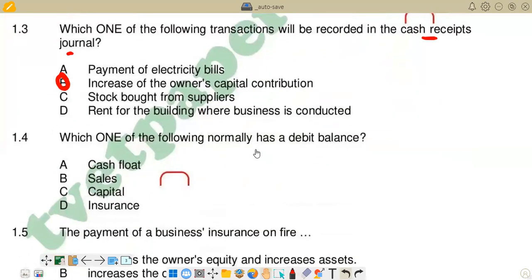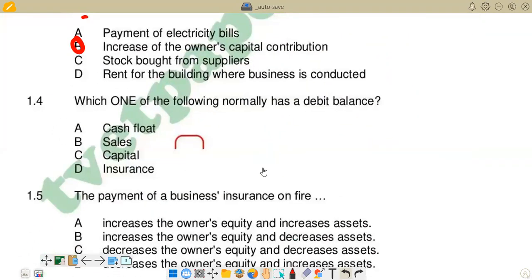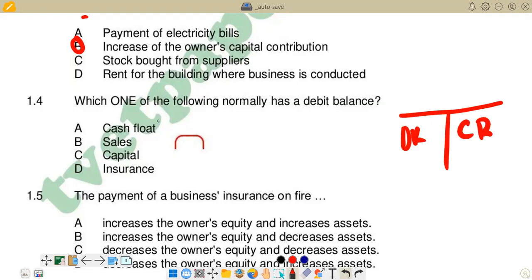Then we go to 1.4, which one of the following normally has a debit balance? We know the shape of the T account. If we have a T account like this, this is our debit and this one is our credit. So the question is, which one of the following normally has a debit balance?